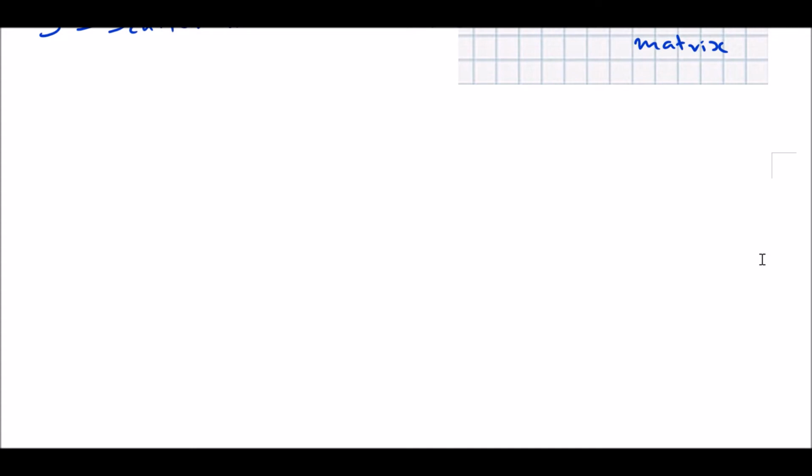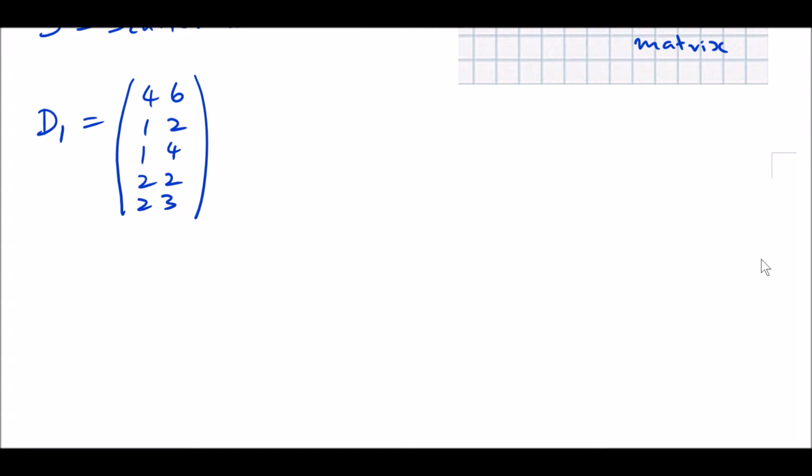So first of all, let's find our D1. D1 is equal to 4, 6, 1, 2, 1, 4, 2, 2, 2, 3. In our process, we are after the scatter matrix S and B, the between-class scatter matrix.